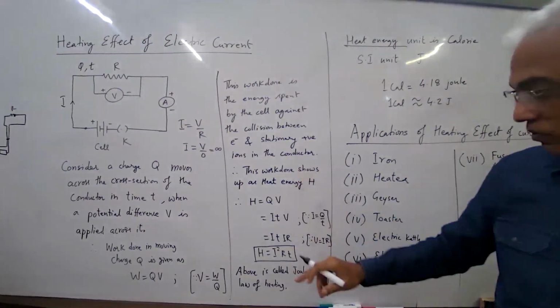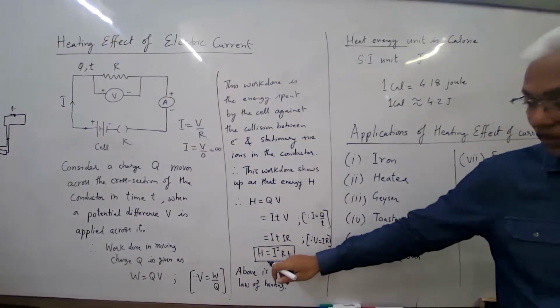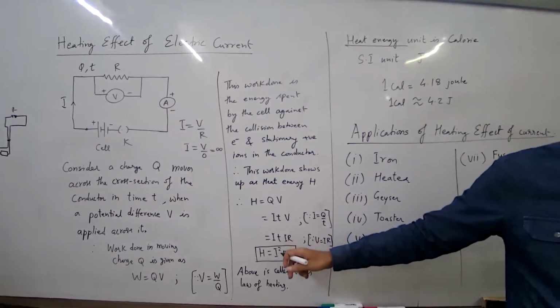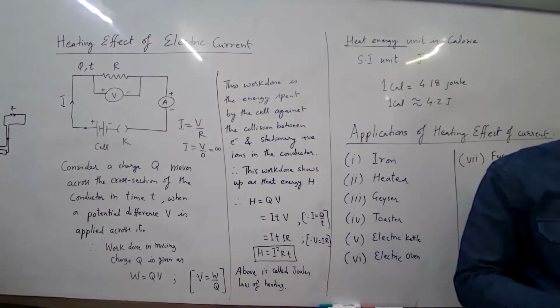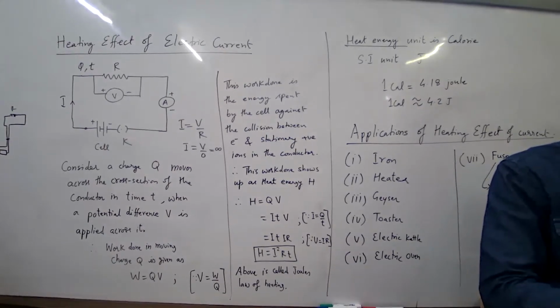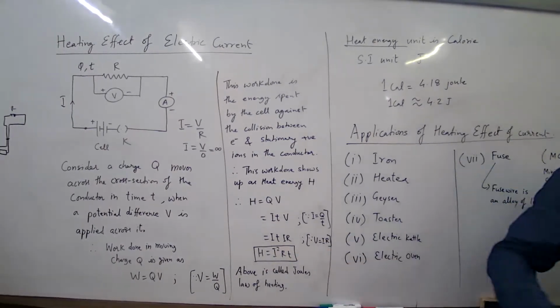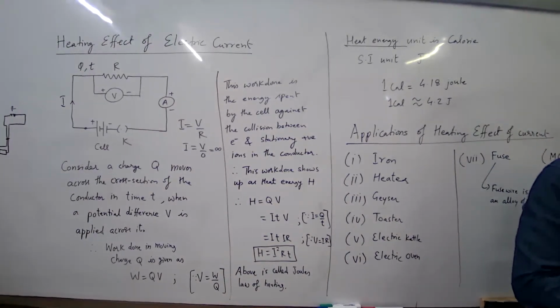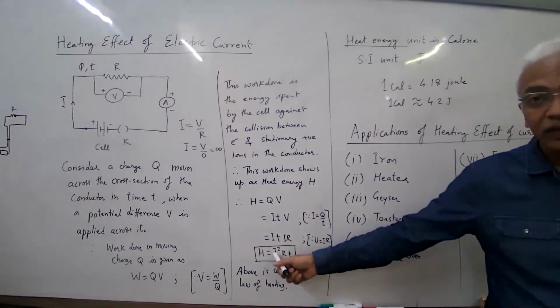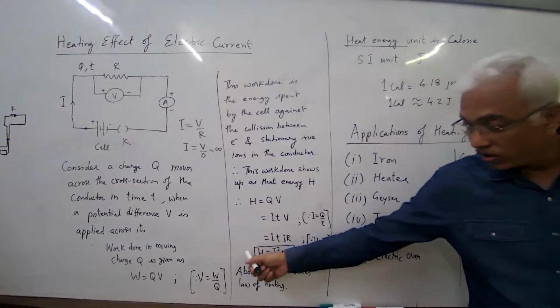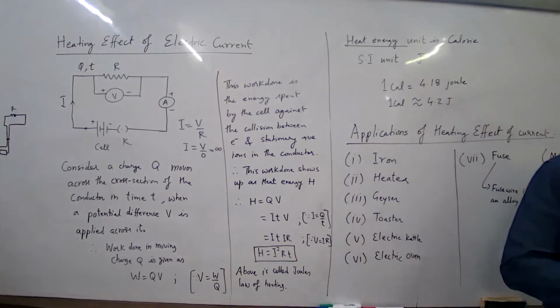Okay? And when high current flows, what happens? Heat is directly proportional to the square of current. When short circuit happens, then high current flows. It's not the other way. High current is the consequence of short circuit. Then very high current flows and a large amount of heat will be produced.